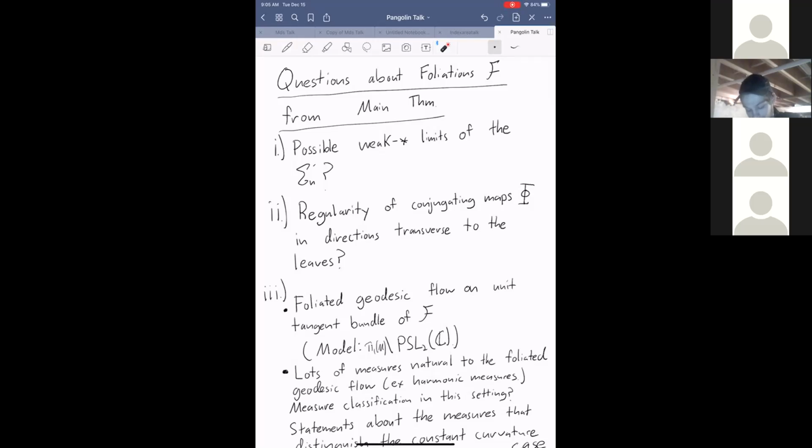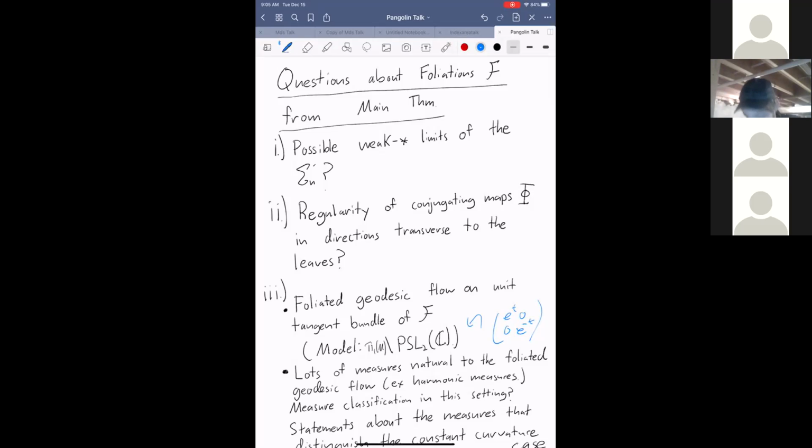In our case for the foliation F, this would just be the diagonal action on the frame bundle of our manifold, which is just PSO(2,C) mod pi 1 of M. That ends up being the foliated geodesic flow in the constant curvature case, but of course in the variable negative curvature case it's not an algebraic description. There are lots of measures that are natural to the foliated geodesic flow, like harmonic measures, which are like taking Brownian motions along the leaves. And you can look at the limits of large metric balls.